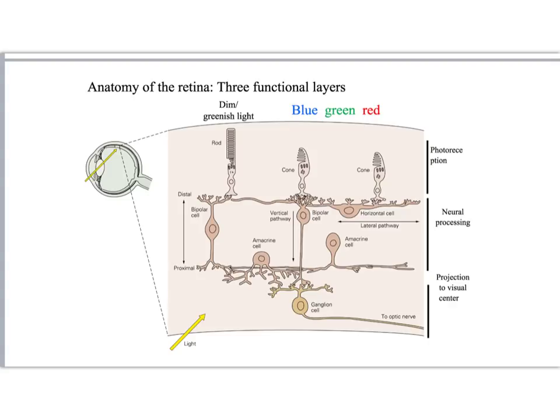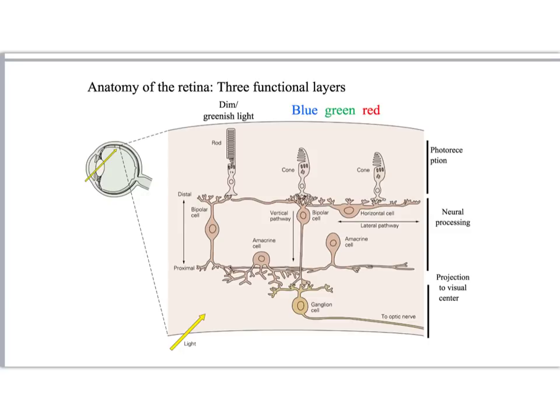So before we understand how the photoreception works, we need to have a little bit of anatomy of the retina. The retina, as you know, is part of your brain, and it's our main photoreceptive system. Basically, there are 3 layers of cells in the retina that are functionally divided.